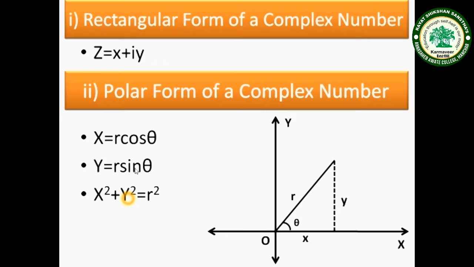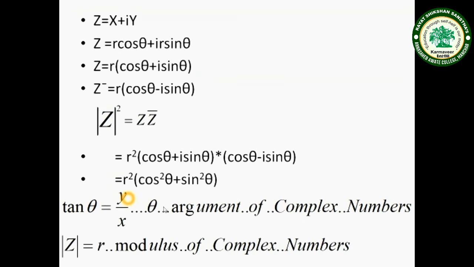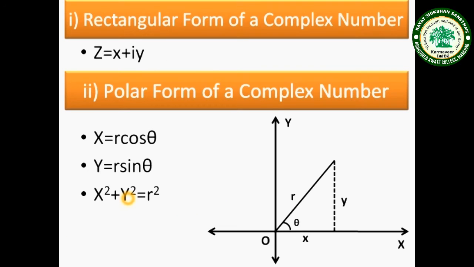So here we have represented the point or the complex number in the form of r and theta. Let us see how we can do it. We have written z is equal to x plus iy. In the previous equation, we know the value of x and the value of y.